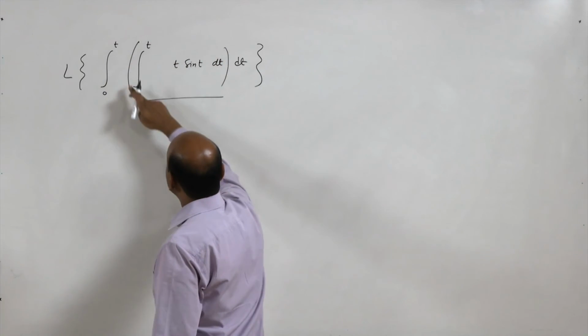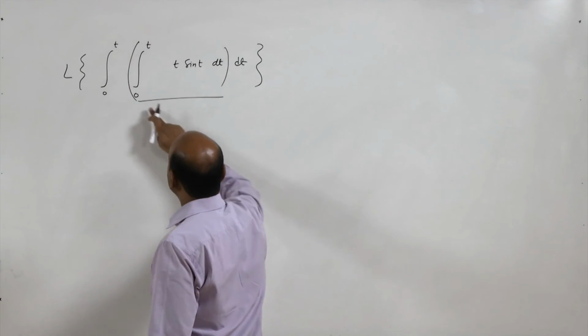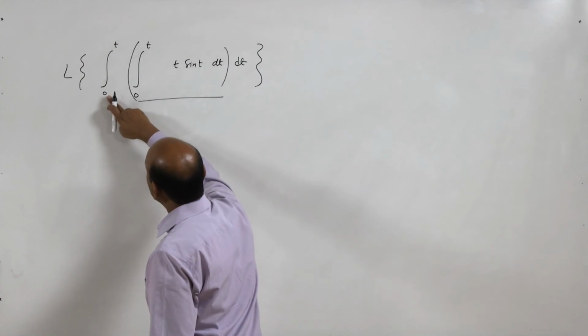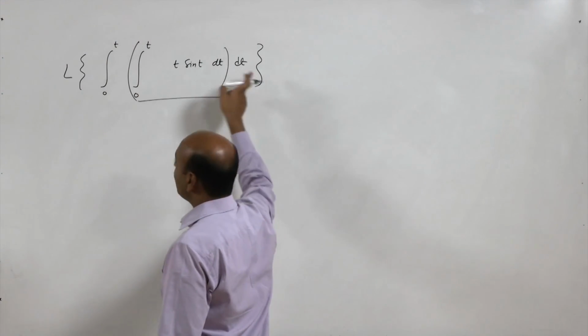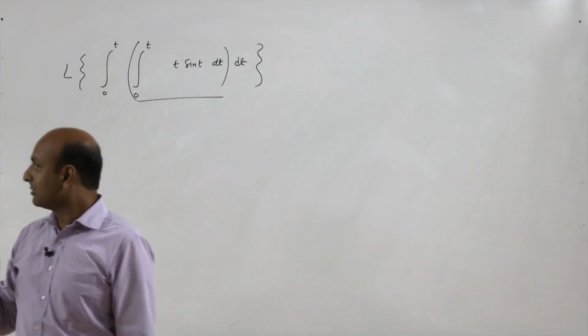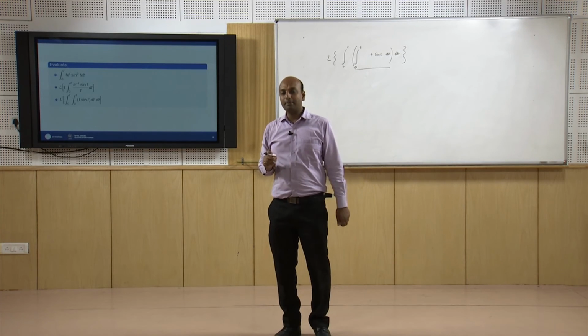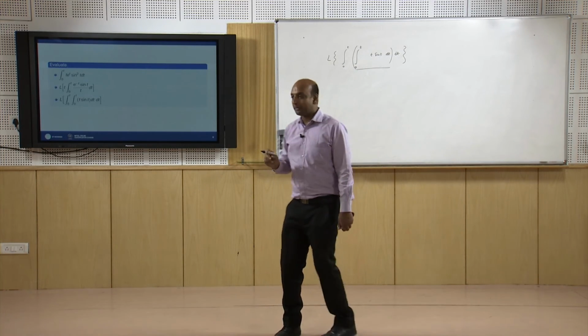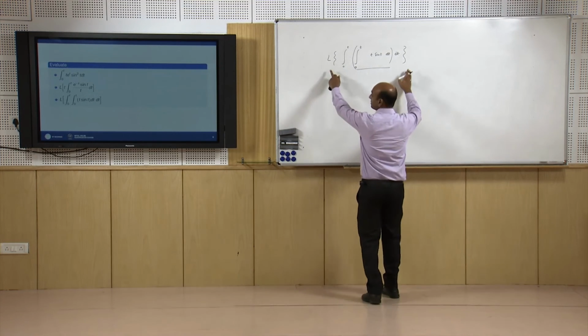Then this is F(p); again we will use the integral from 0 to t of f(t) dt, the same property F(p) by p, and we can find the Laplace transform of this entire expression.